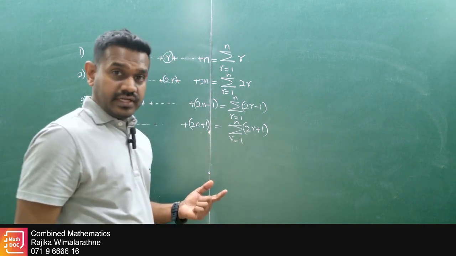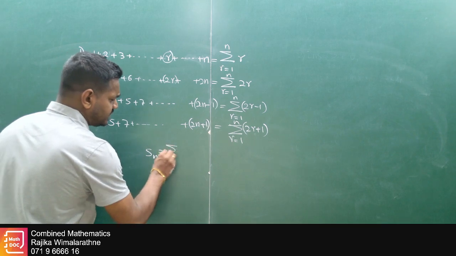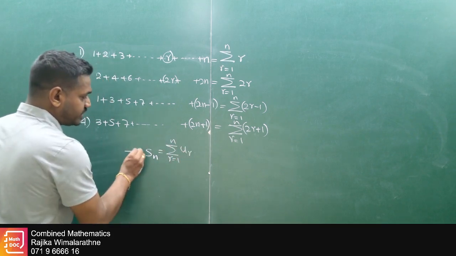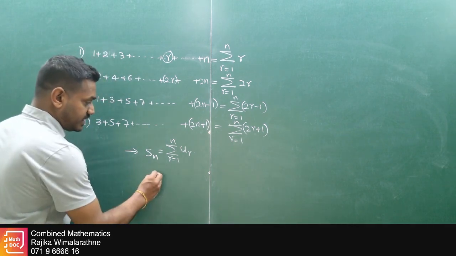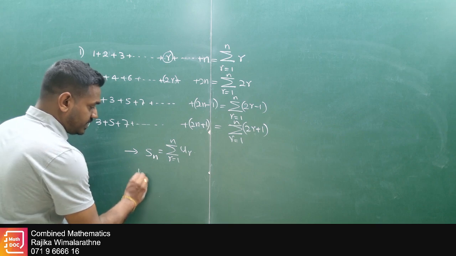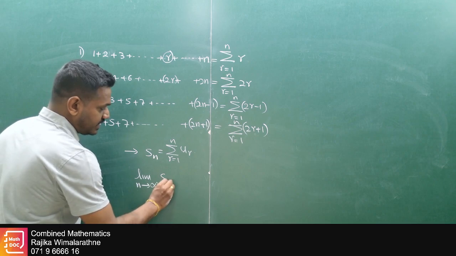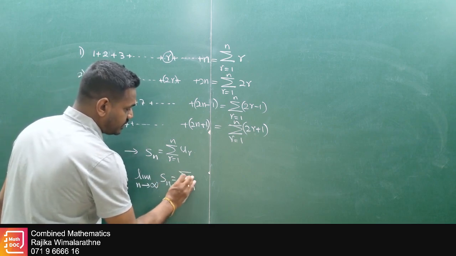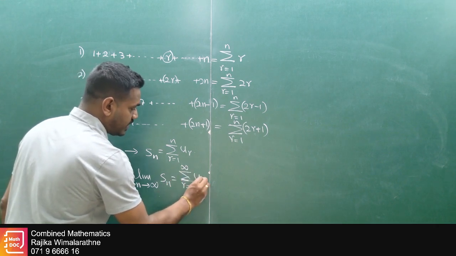One important thing: Sn we write as sigma r equal 1 to n ur, and we call it the sum of the first n terms. Similarly, if you take the limit as n goes to infinity of Sn, on the other side we write sigma r equal 1 to infinity of ur.